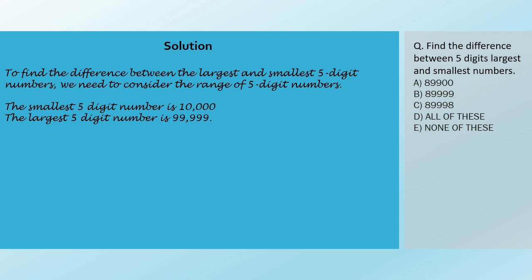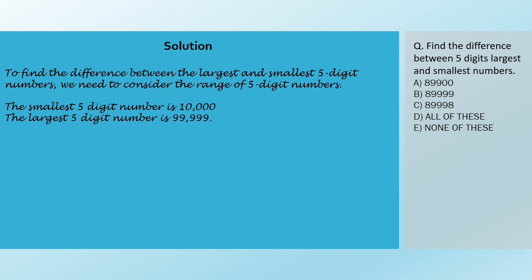You can say, why have we not chosen all zeros, all 5 digits as zero? But if we do that, the number will not remain a 5 digit number. It will be a 1 digit number. So that's why we need to choose one as the leading digit.